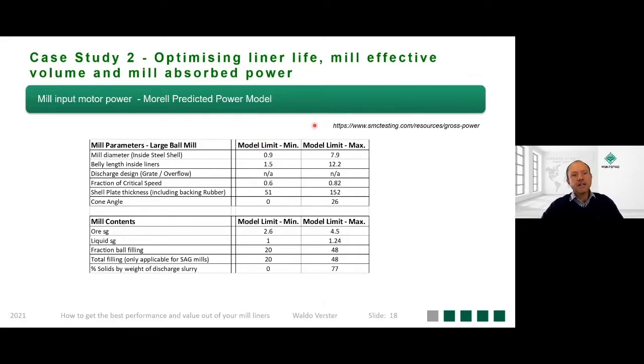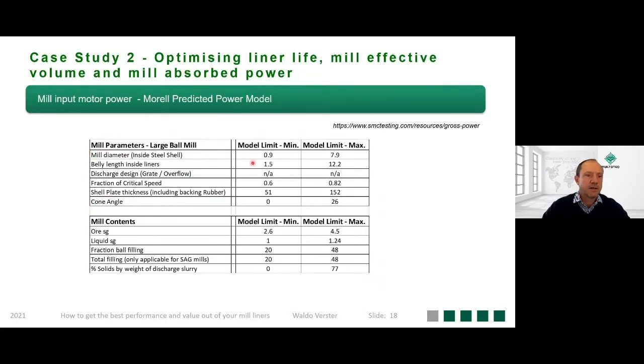It also clearly explains on the website what the limitations are, as well as how this model is derived based on actual measurements in the field. Then it also gives you a plot of the measured power draw against the calculated power draw, and it is very accurate.